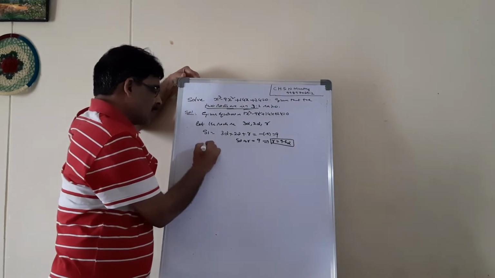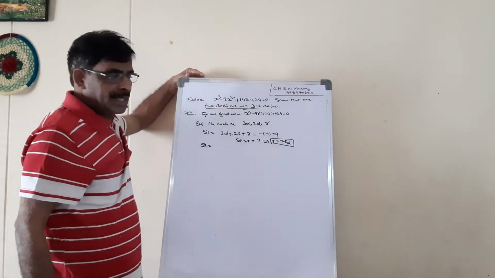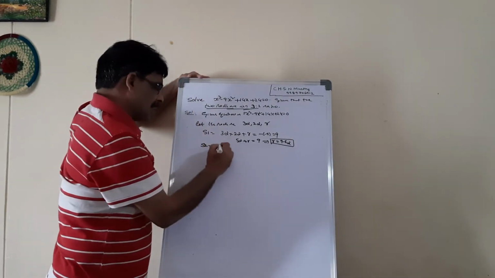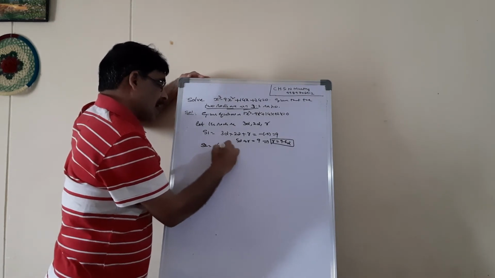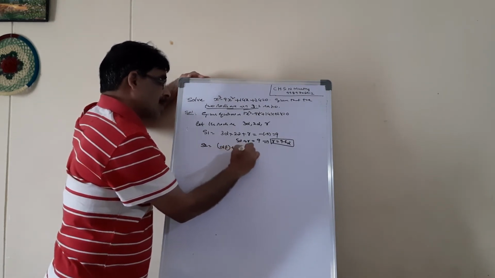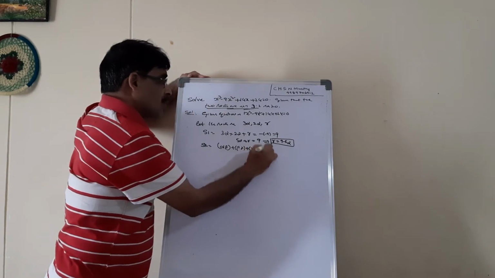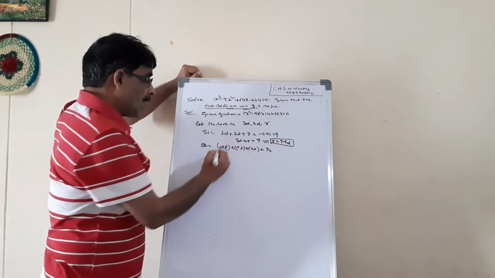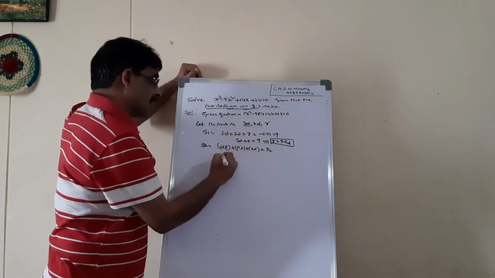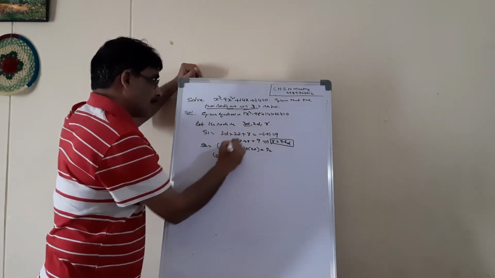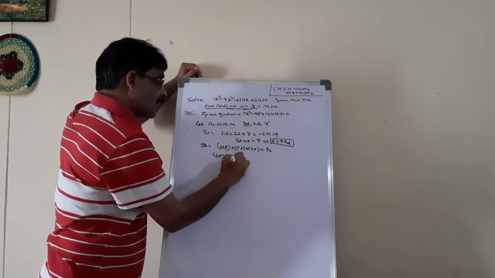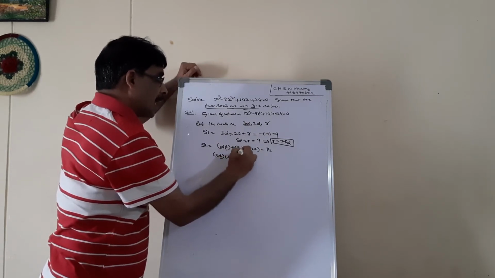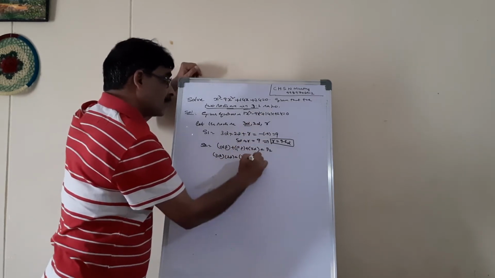Now take S2. S2 means our original form, alpha beta plus beta gamma plus gamma alpha, which is equal to P2. Our alpha is 3 alpha here, our beta is 2 alpha, and our gamma is gamma.